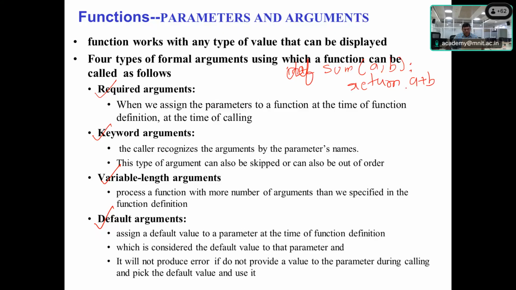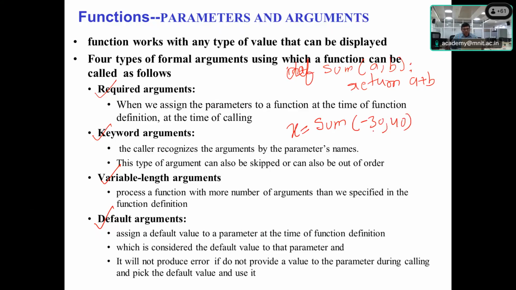If you want to call this sum function in the calling program, we call it by writing the name of the function, and since it is returning, we can take some left hand value x in the assignment, giving some values, say 30 and 40.